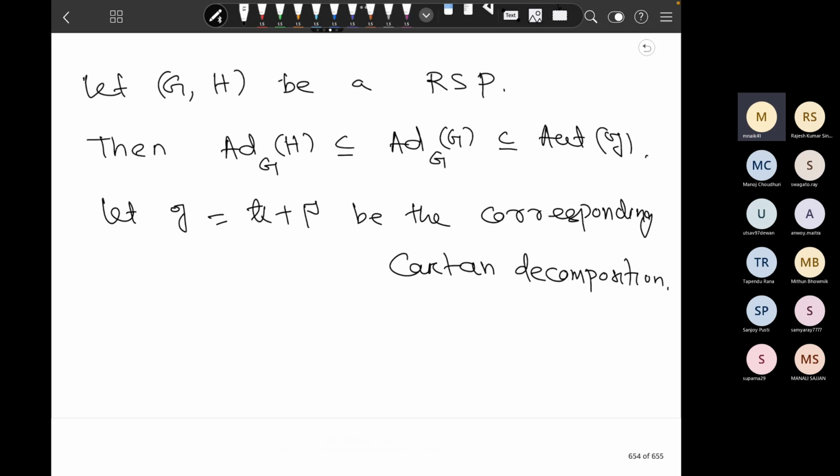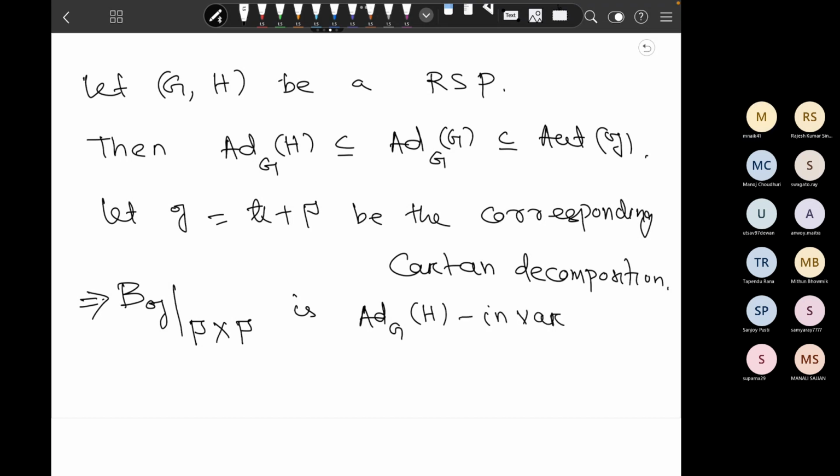Now if you look at this, B_G restricted to 𝔭 × 𝔭 is Ad_G(H) invariant because Ad_G(H) is a subset of automorphisms of 𝔤 and the Killing form is Aut invariant. So B_G restricted to 𝔭 × 𝔭 is Ad_G(H) invariant.